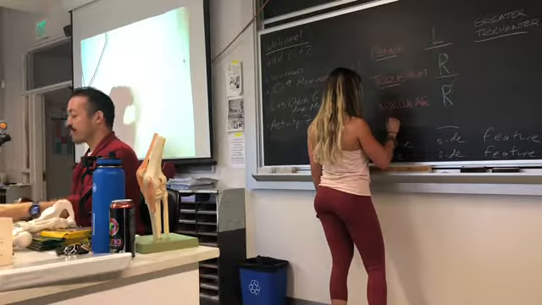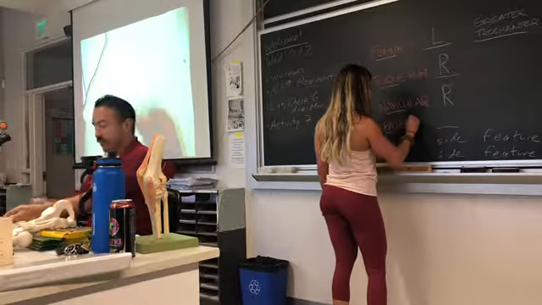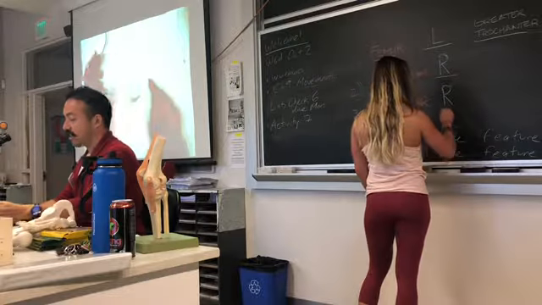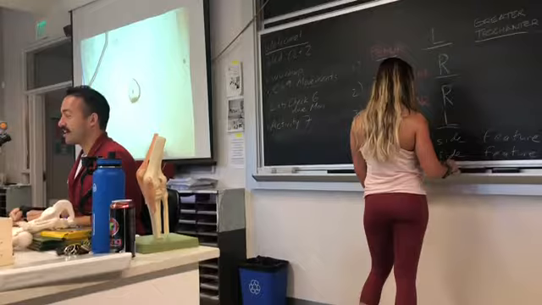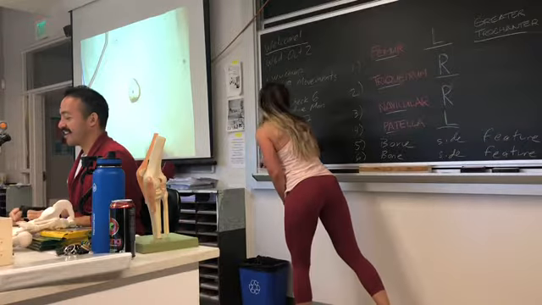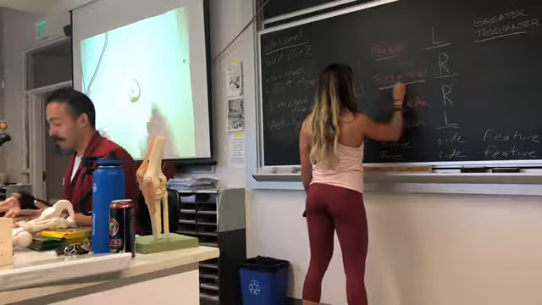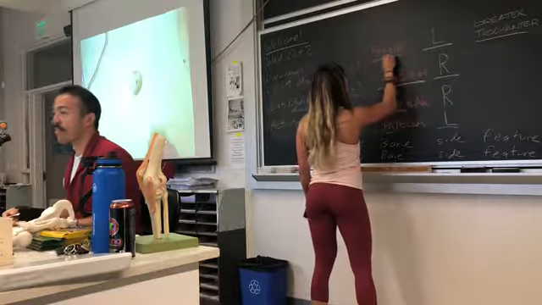If you want to do it in reference to you, you're looking at your own knee, superior is here. Palm to the left. I'm always going to say reference to your person, to the person that you're looking at. It's always in reference to them, and in anatomical position, it's always referring to that.